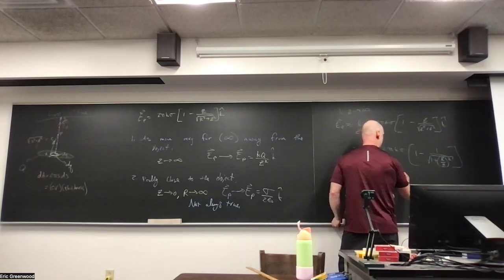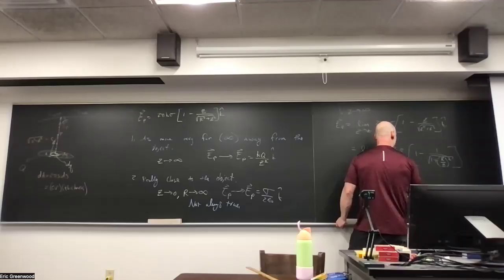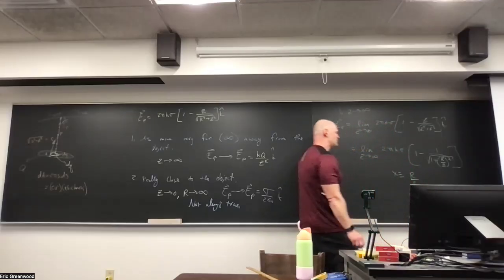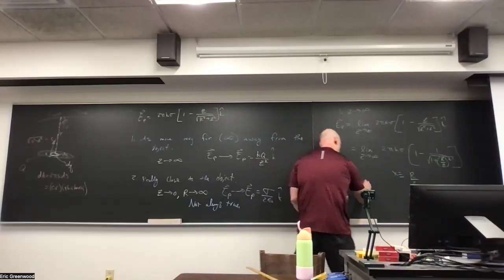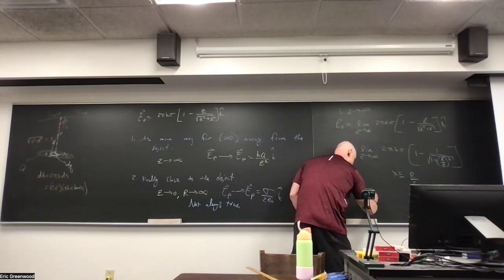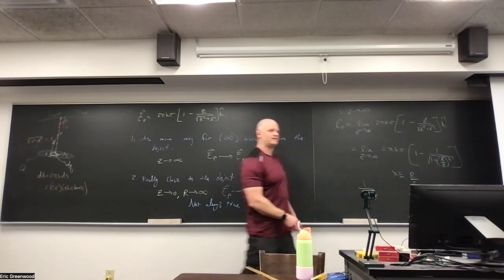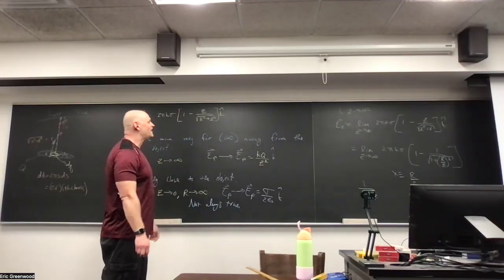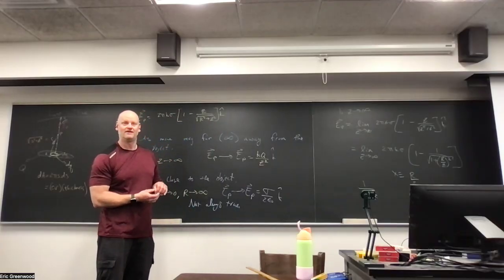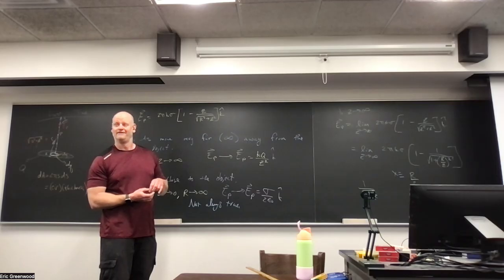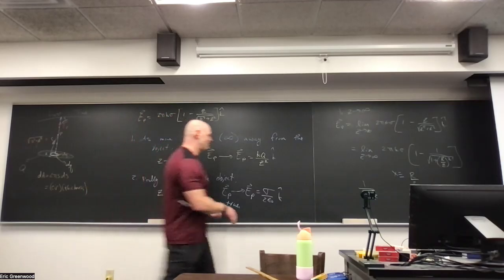So I'm going to define x as r over z. So this is going to be my small parameter, which means that I want to Taylor series expand something that looks like this. Now, anybody remember their Taylor series expansions? It's been a while.